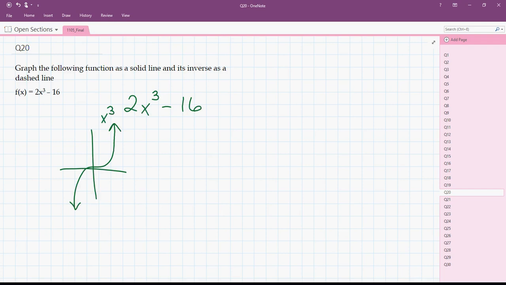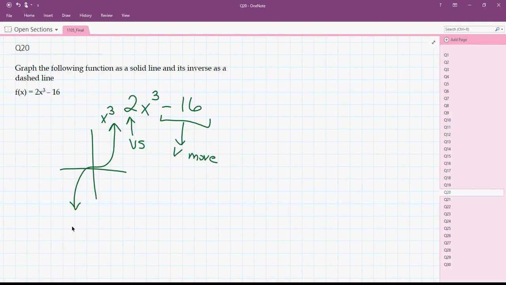But then we have two things happening. We have vertical scaling by a factor of 2, and we have a vertical shift. Vertical scaling, vertical shift. Why do they abbreviate these? Vertical move down of minus 16. So what winds up happening is this graph starts rising twice as fast as it normally would.